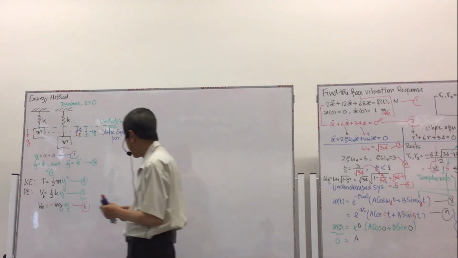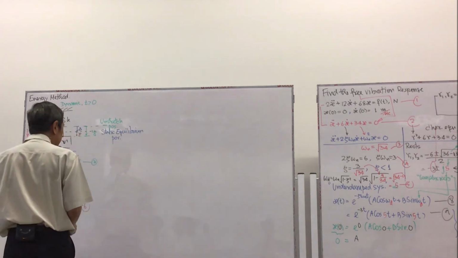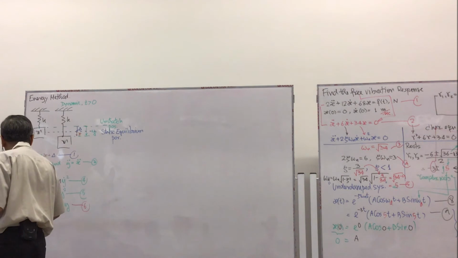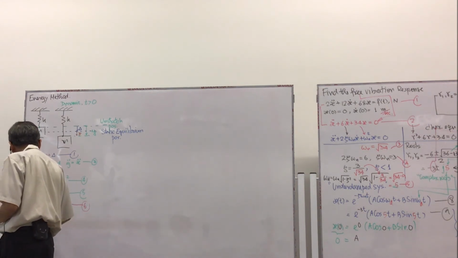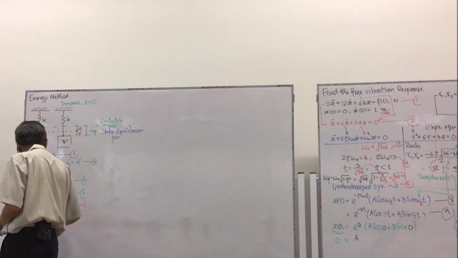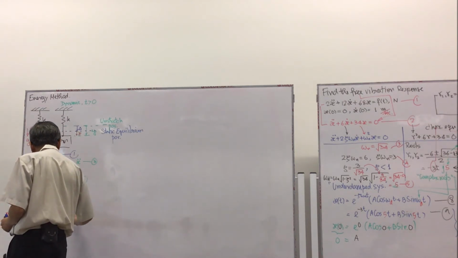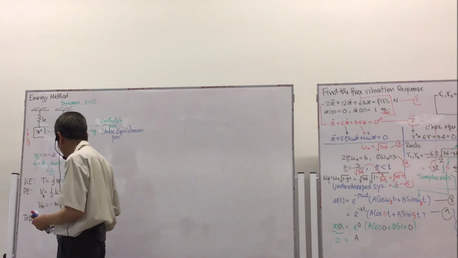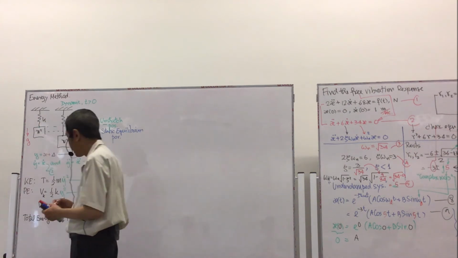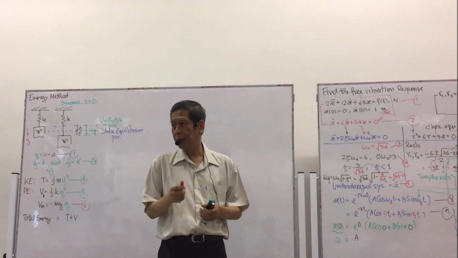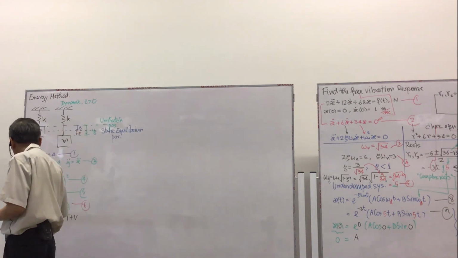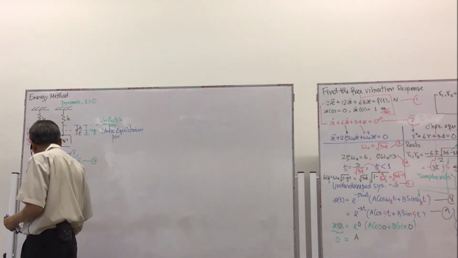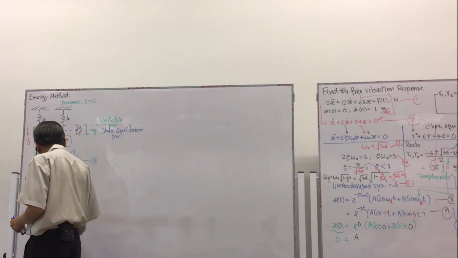The thing I would like to point out is that we have the total energy equal to T plus V. But in this case, this is going to be more than total. I might say this one sub OA.